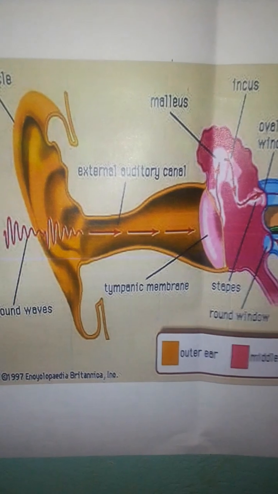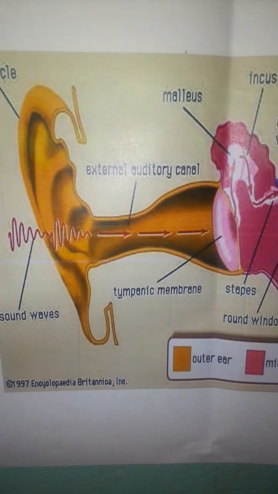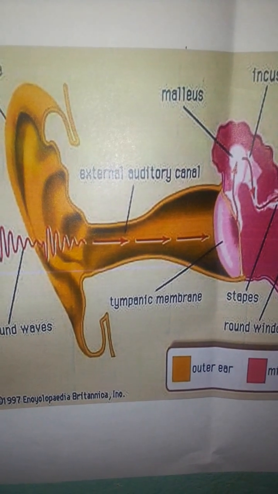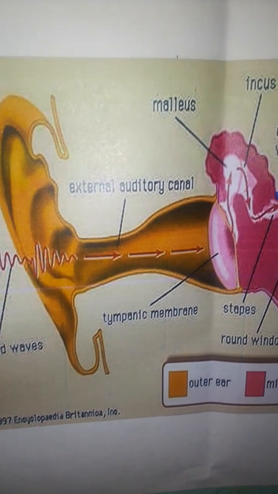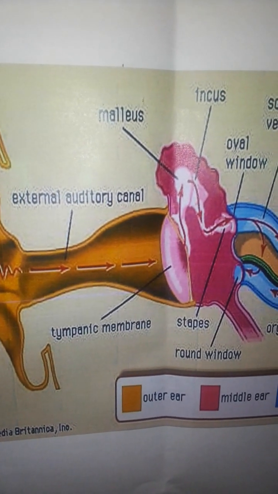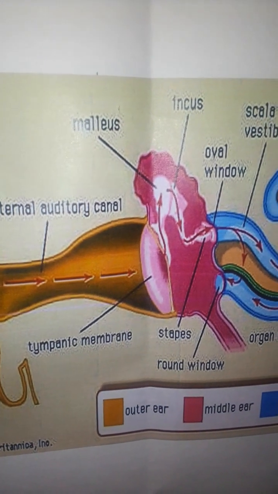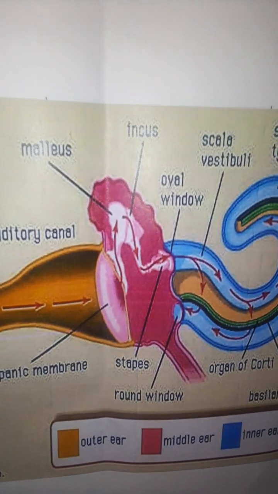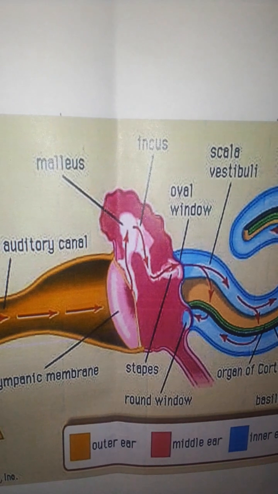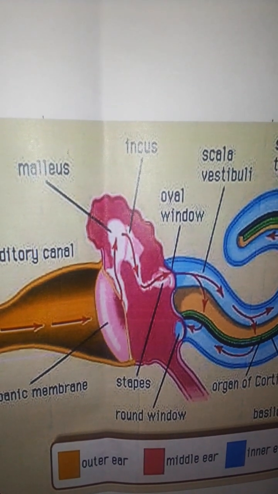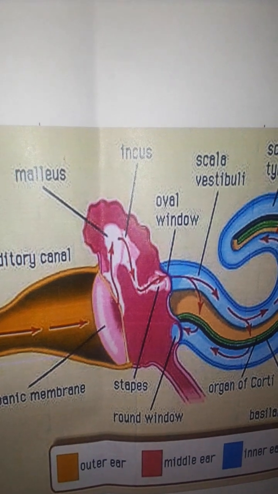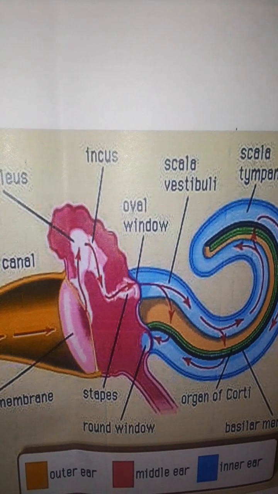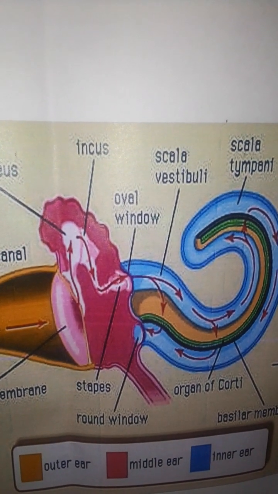Now, the sound waves are collected by the auricle, go through the external auditory canal, which are then focused on the tympanic membrane, which makes the tympanic membrane vibrate. So when the tympanic membrane vibrates, it will push the malleus, the malleus will push the incus, and the incus will also push the stapes.